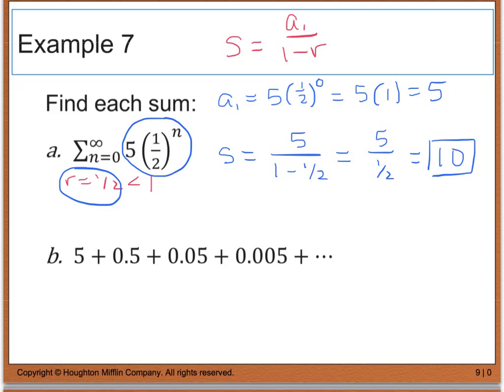Now for part B, I'm going to still use the same equation that I did up above, and I know that this 5 here is really my a sub 1 term. The only thing I'm missing out of this equation is my r value, and your r value can be found by dividing two sequential terms. So I'm just going to pick 2 here, and I'm going to go 0.5 divided by 5, and I see that that gives me 0.1, and you can take any of those terms and you'll get the same thing.